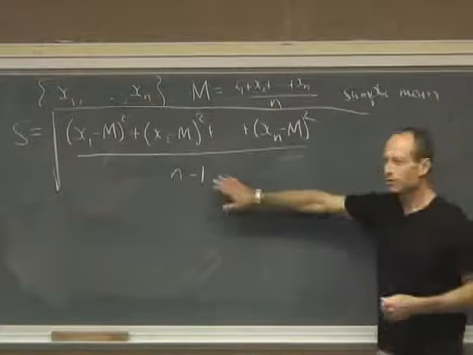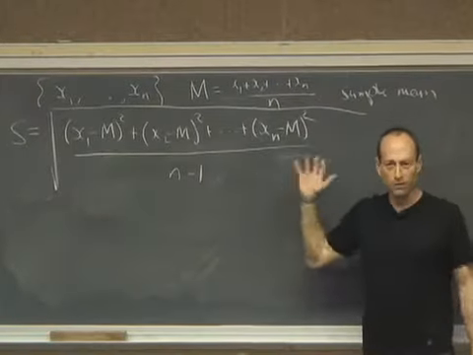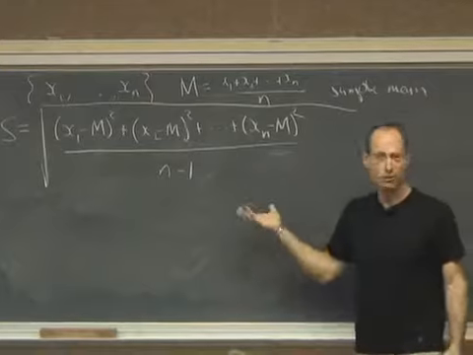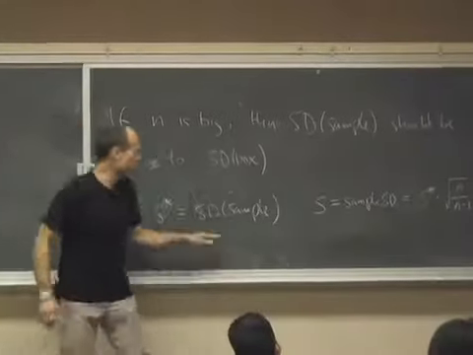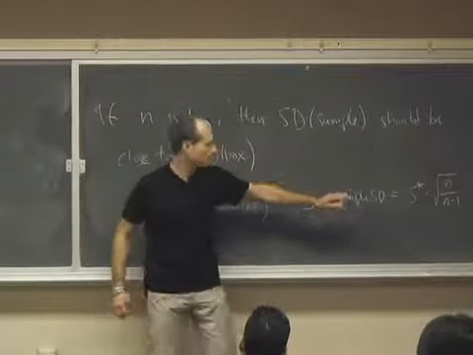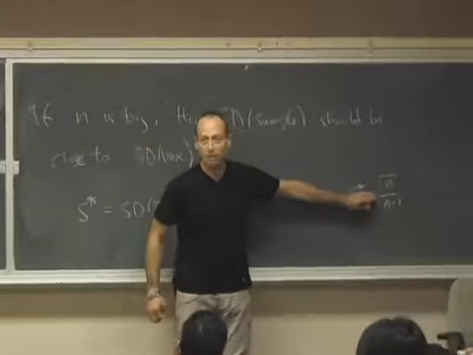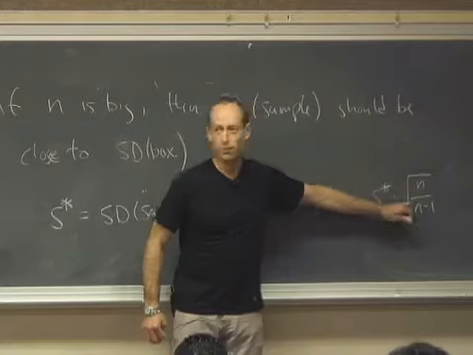Okay, so this thing with n minus 1 in the denominator is what many of you have seen before as the standard deviation, but it's actually the sample standard deviation. Notice that the sample standard deviation is not the standard deviation of the sample. They differ by a little bit. If n is really, really big, then this ratio is going to be almost 1.